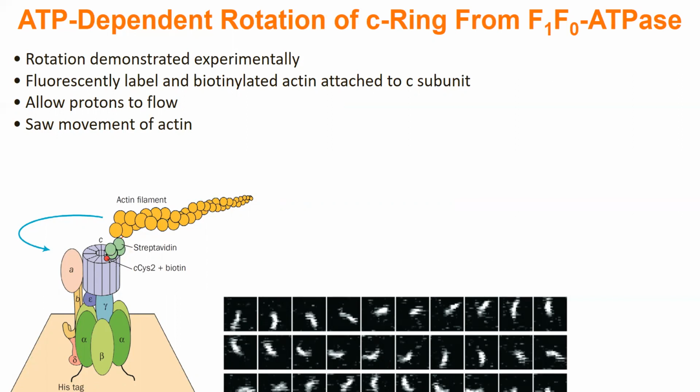This shows on a visual level that yes, ATP synthase is working the way we think it does: it is a rotation in the C subunit caused by protons, and it's this energy that is being connected to these alpha beta subunits in F1 to cause the creation of ATP. So that's just a cool experiment to show this is actually how it works.